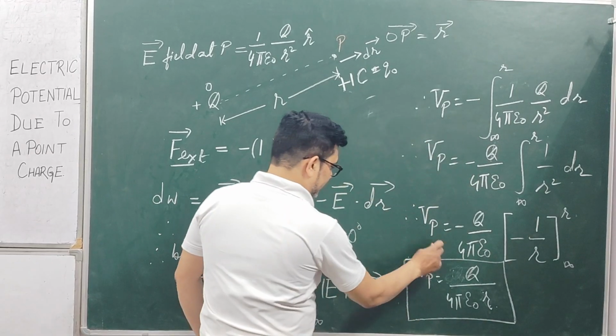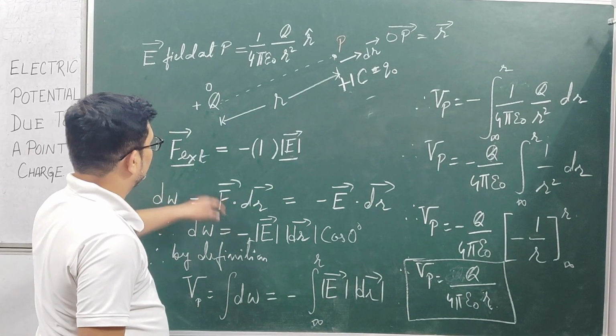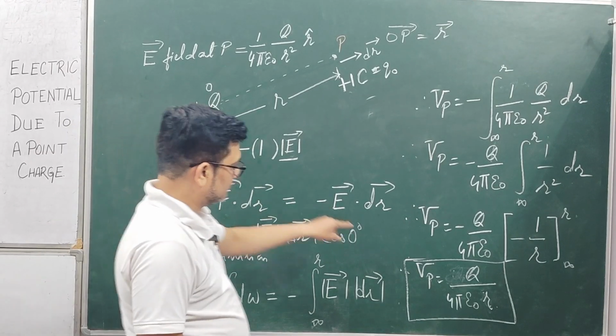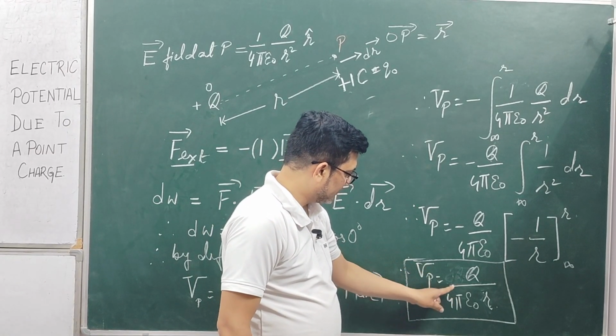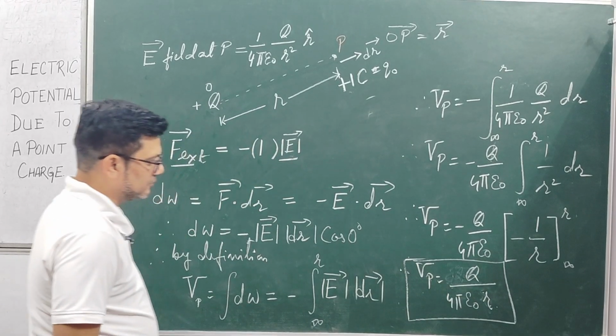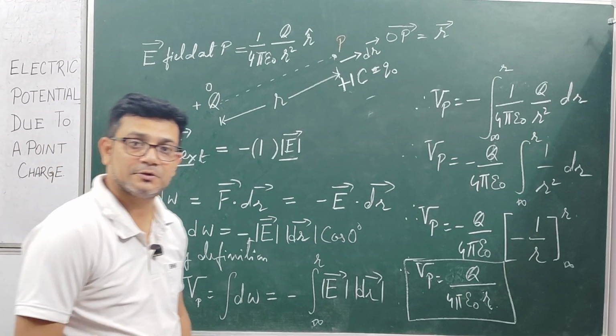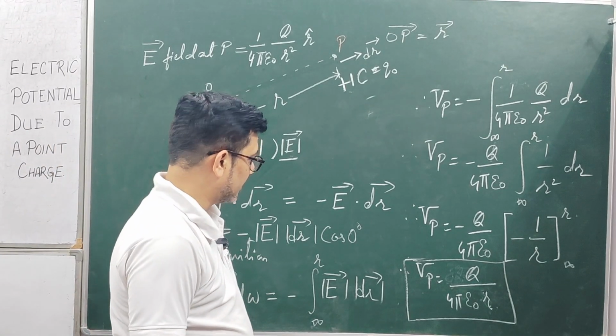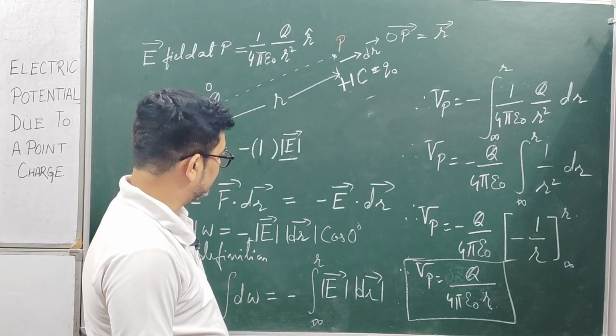So we are able to calculate the potential at point P because of this point charge Q, right? We get Vp is equal to Q over 4 pi epsilon naught R, and we know this electric potential is a scalar quantity, and we also know the SI unit of this.